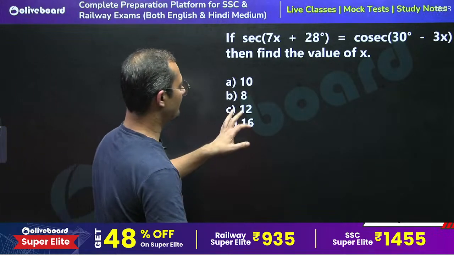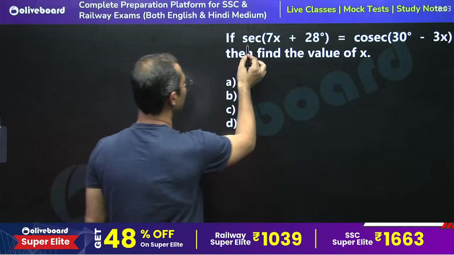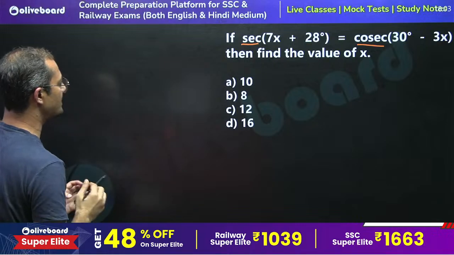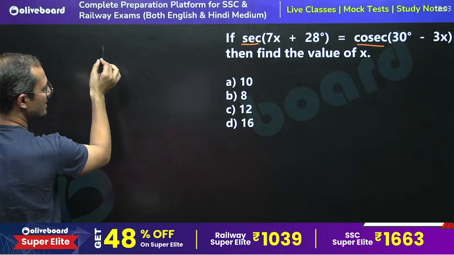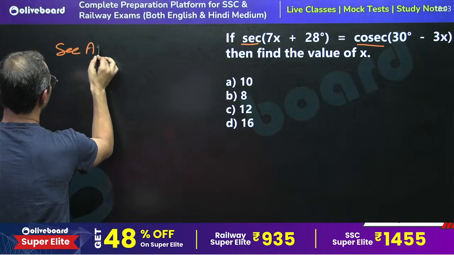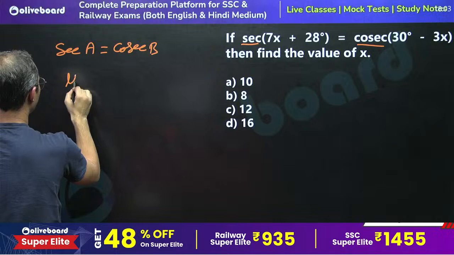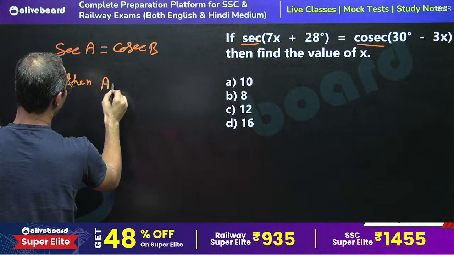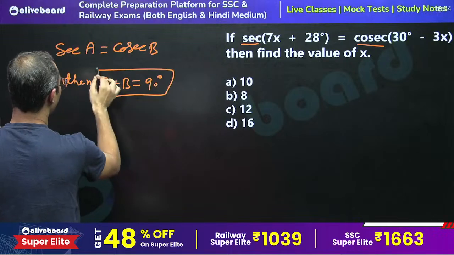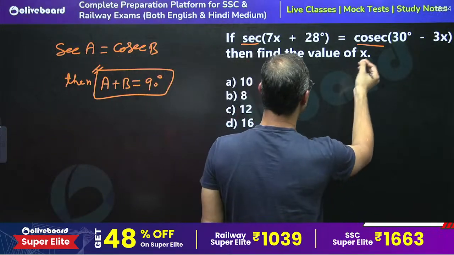Now tell me, what is the answer for this question? Whenever you observe, sec is equal to cosec. So sec A is equal to cosec B, which means A plus B must be equal to 90 degree. This is possible only when the sum of angles is equal to 90 degree.